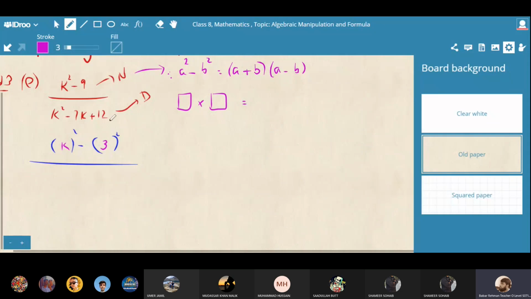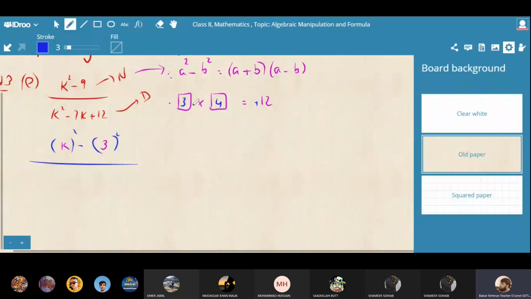Look at this. You have to multiply two numbers that become 12. 4 times 3 is 12. And if you add these two numbers, it will become 7. So that is 3 and 4. But you will put the negative sign: when there is a positive sign with plus 12, you have to use the same sign as in the middle term.